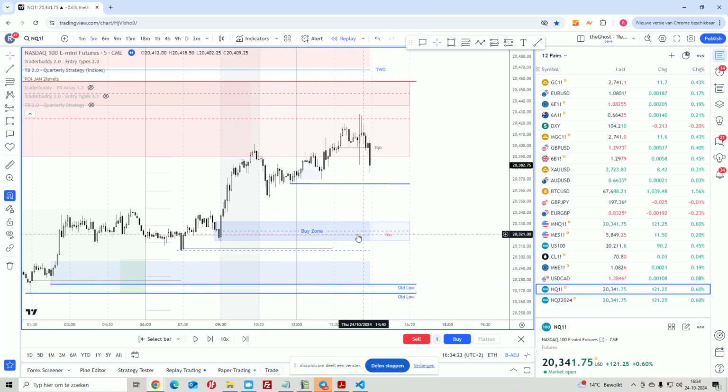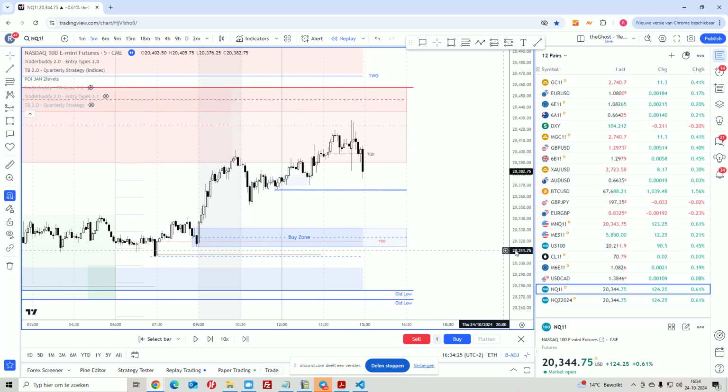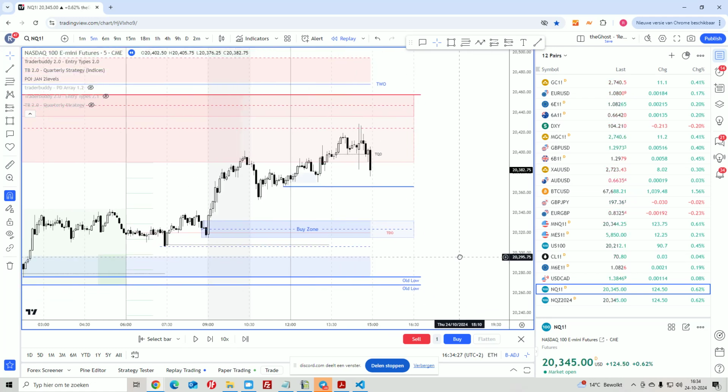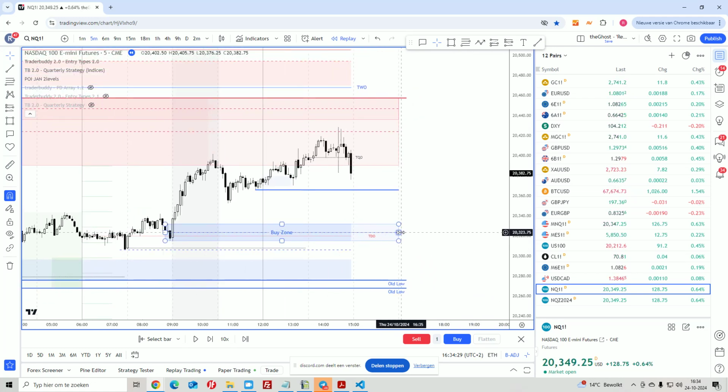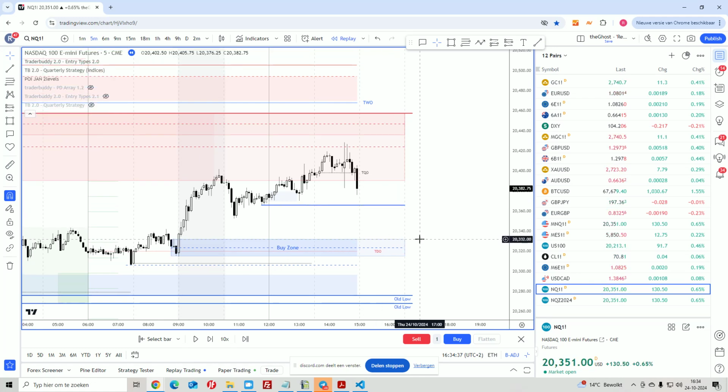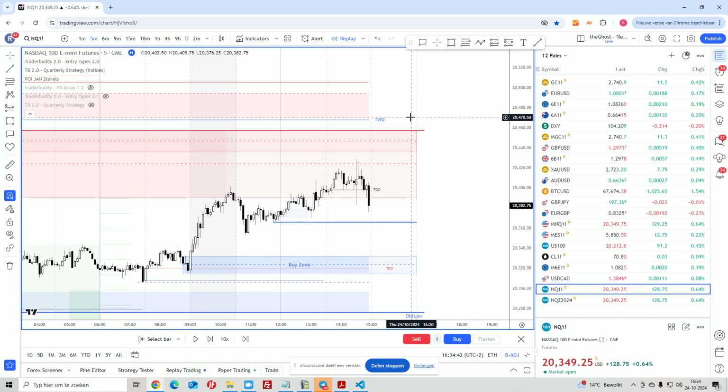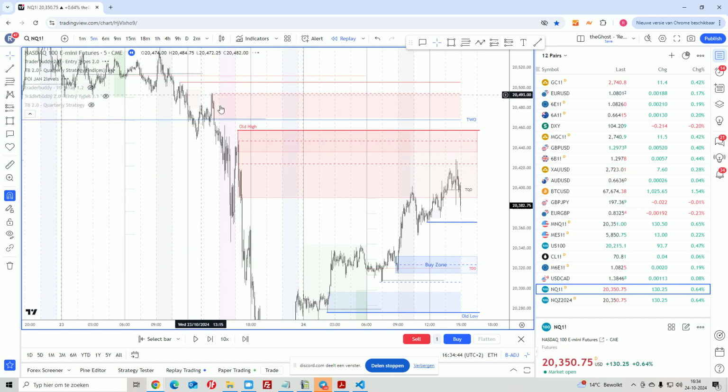And we also have our 2-day open, which is a magnet for price on the indices. So we have a high expectancy that price could trade to this opening price. So this is 1, this is 2. We have 2 below current price, and we have 1, and here is an unmitigated old high.